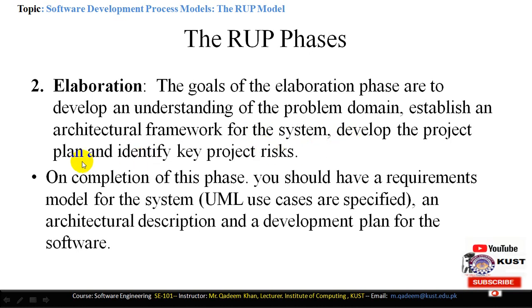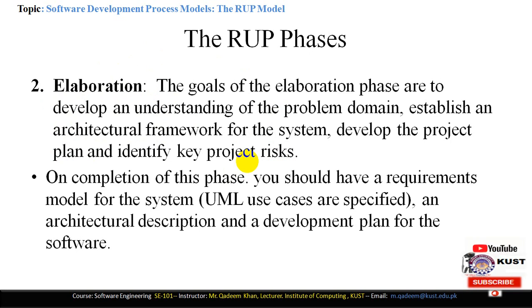Here we will in fact identify different sorts of plans, for example, avoidance plans, contingency plans, minimization plans, development plans, requirement analysis plans, etc. So all the plans are identified here, and the key project risks are also identified and their resolutions are planned. The key project risks means those factors which can affect the quality, cost or schedule of the project.